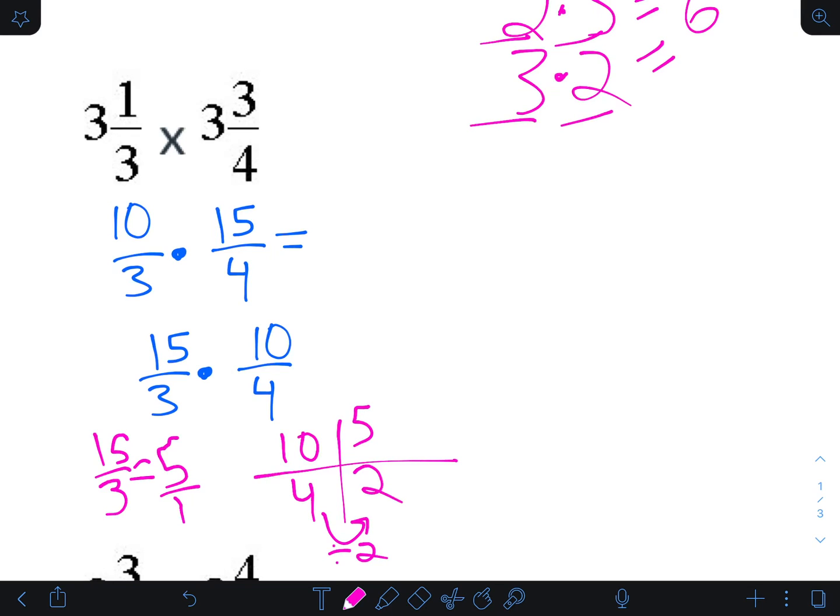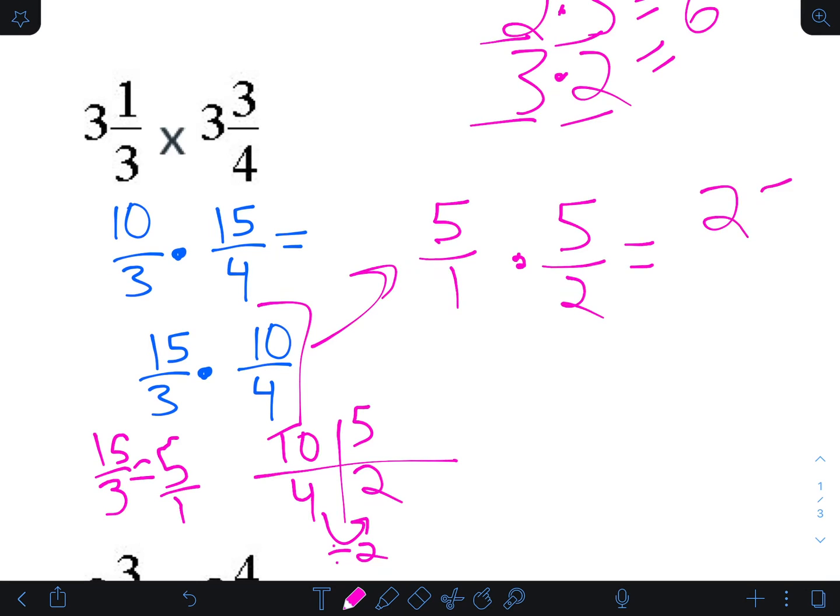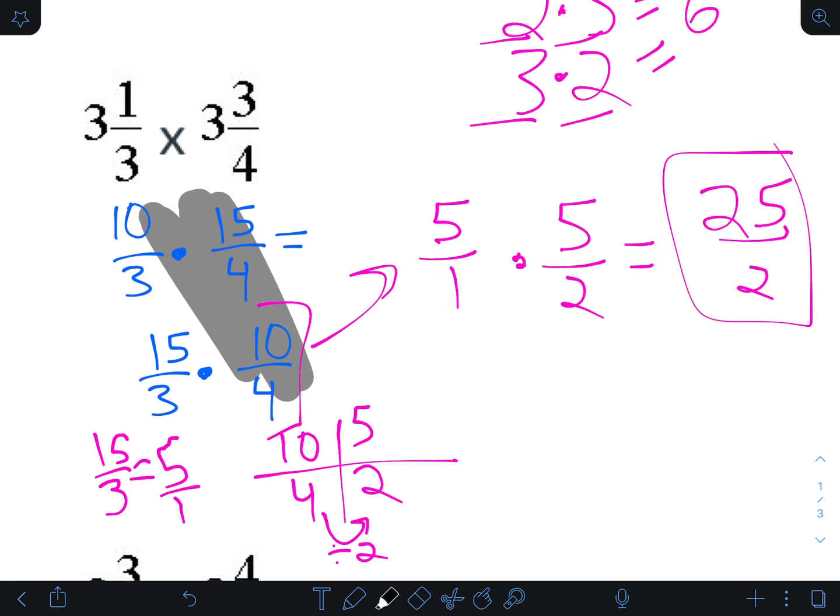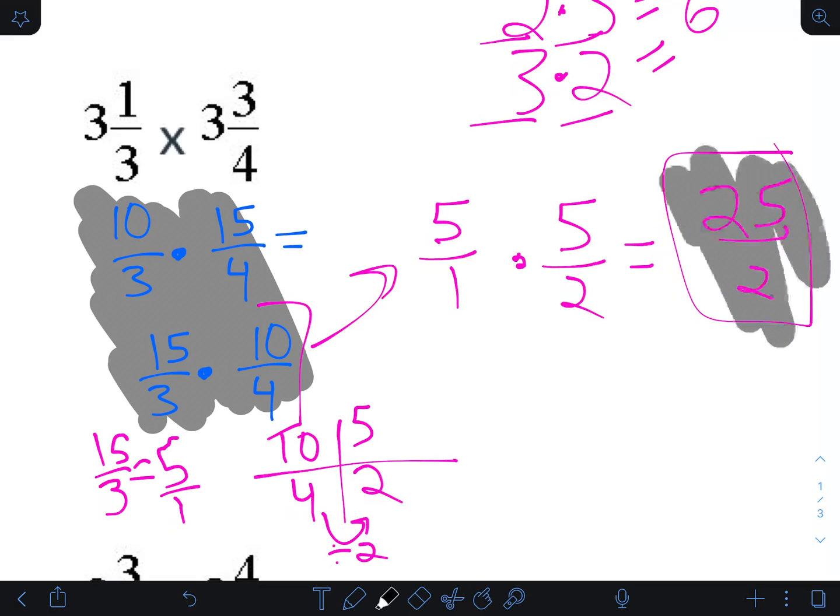And that's 5 halves, and you can't reduce anymore. So what this turns into is 5 over 1 times 5 over 2, which is 25 over 2. And since I already reduced right here 2 times, I don't have to even think about reducing my final answer, because it's already reduced.